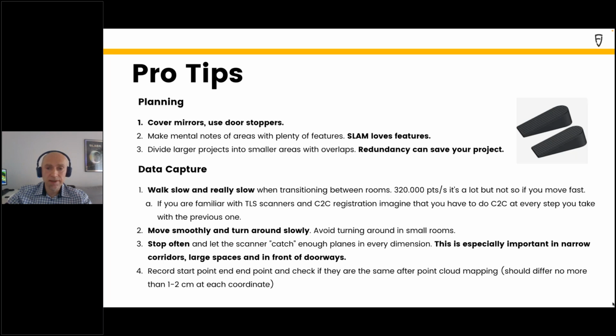This may seem stupid, but in this way, the scanner sees the areas previously scanned and the new room at the same time. It's very useful to walk backwards and sideways in harsh scenarios like small rooms and narrow corridors.